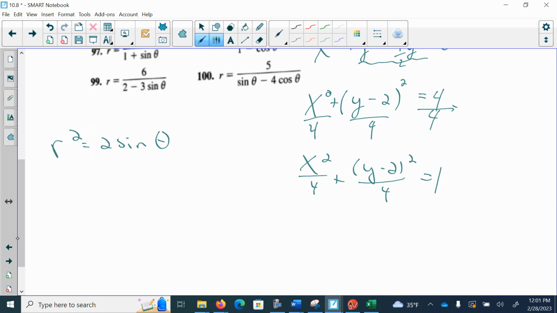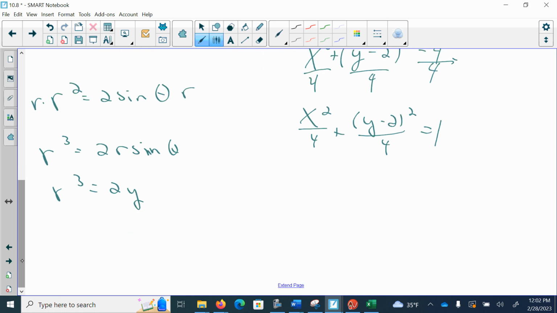Okay, so if you multiply both sides of this equation by r, then this will be r cubed is equal to 2r sine theta. Then you made this 2y, right? So this is equal to 2y. And then here I can think of this as r times r squared is equal to 2y.